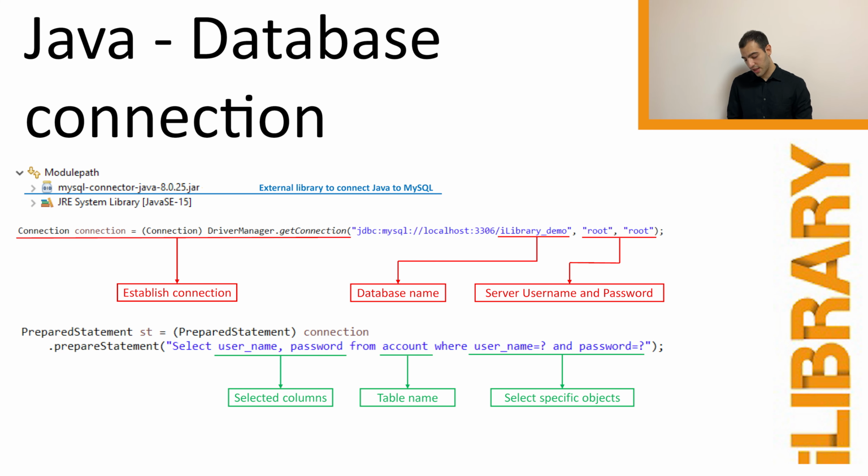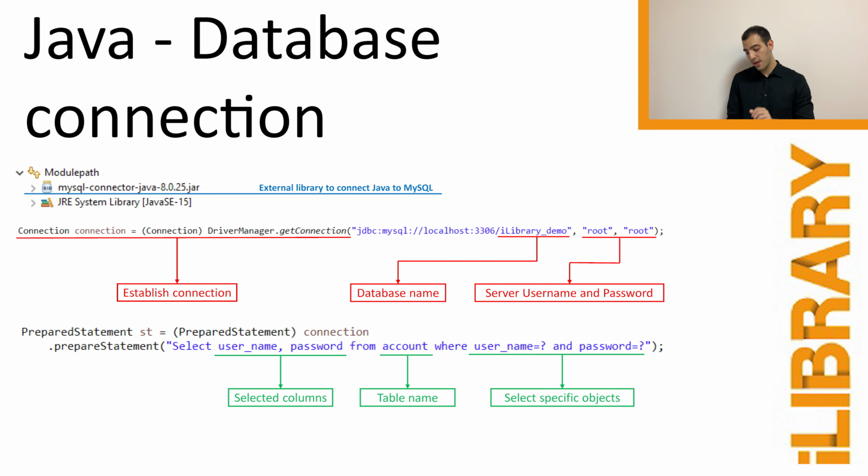Then down below we can see the statement to select and pick specific objects in the database that we selected previously. In this case, we have, for example, select username and password. So we select the columns, the data in the columns: the username column and the password column.